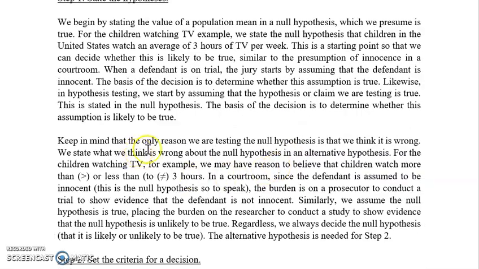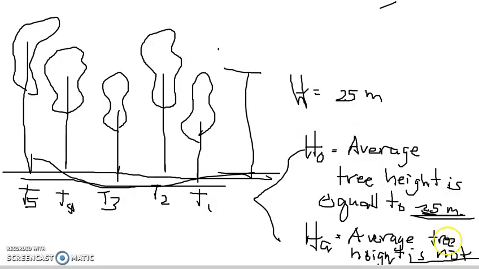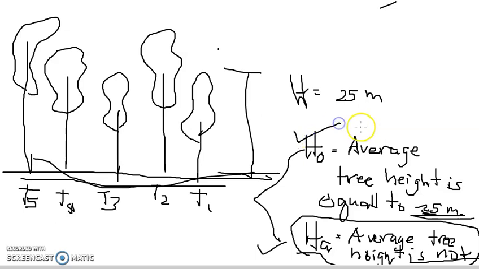Now keep in mind that the only reason we are testing the null hypothesis is that we think it is wrong. That is why usually, we always want our answer to be the alternative hypothesis because we assume our null hypothesis to be wrong.